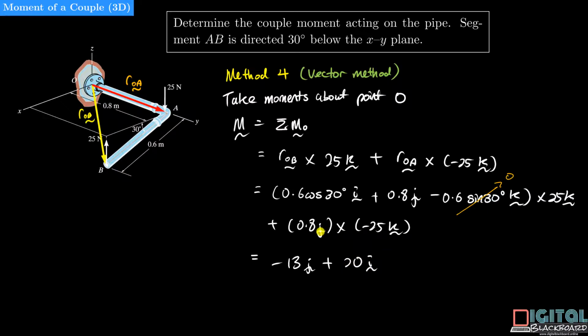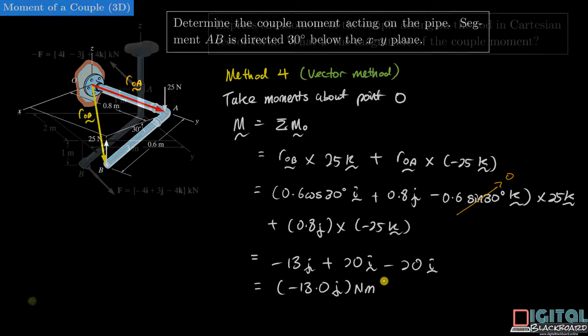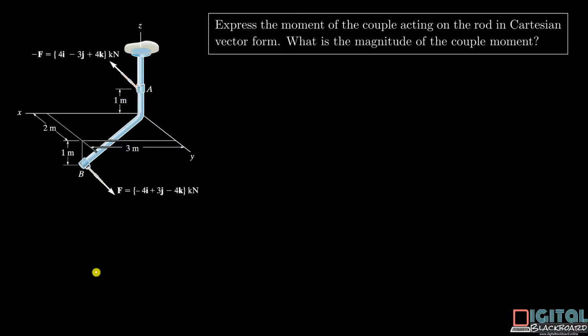And then finally j cross k, which is just i, and there's a minus sign here, so minus 20i. So in the end, this will give us minus 13.0 j Newton meter.